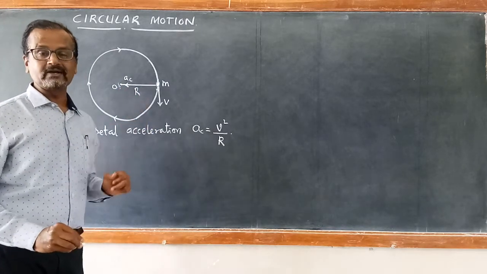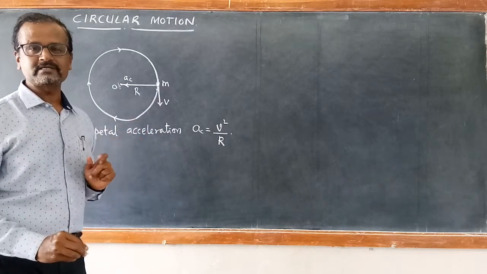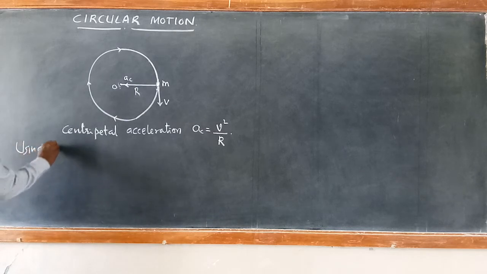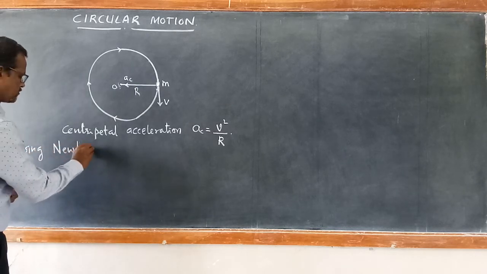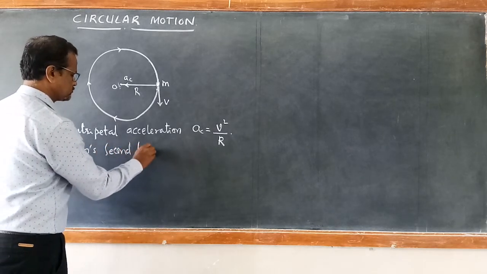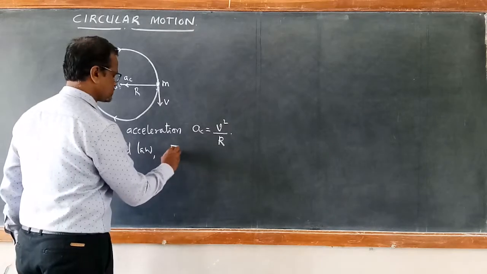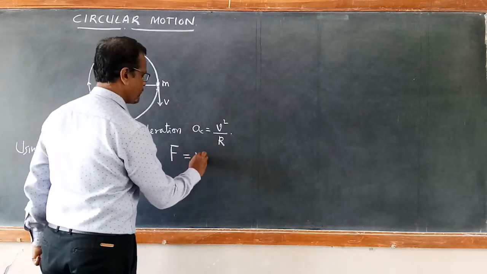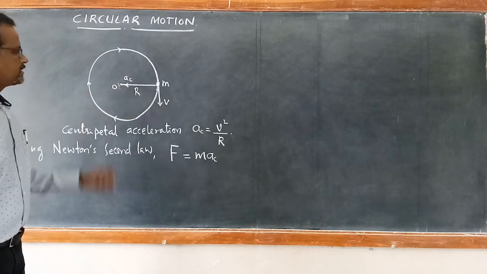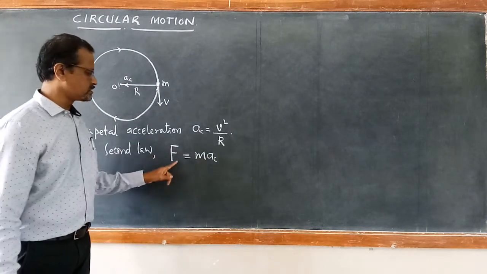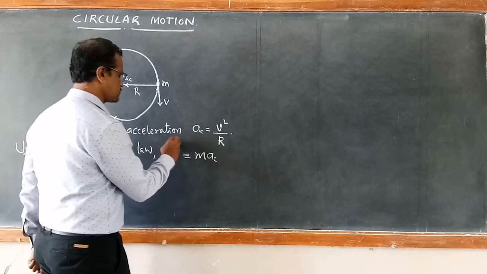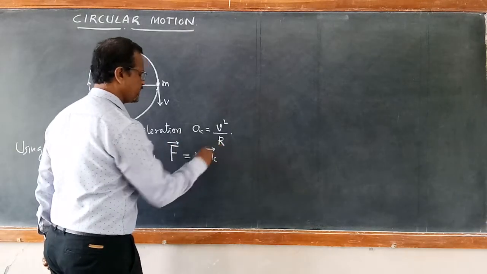Then by Newton's second law, mass into acceleration gives us force. Using Newton's second law, the force acting on this is given by mass into acceleration, and that force is also acting towards the center, because force is mass into acceleration and the direction of force is the same as the direction of acceleration.